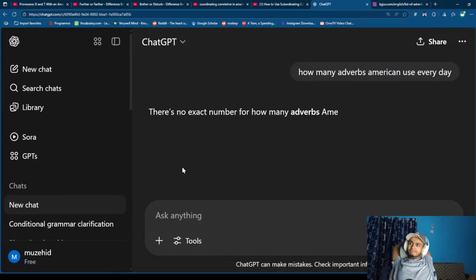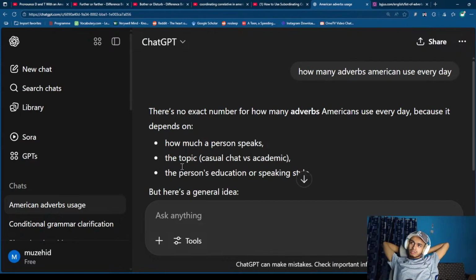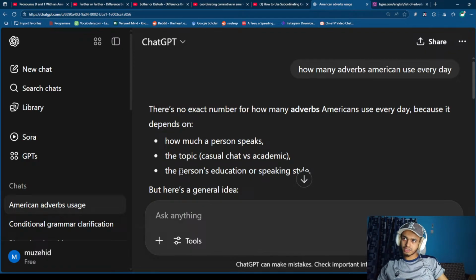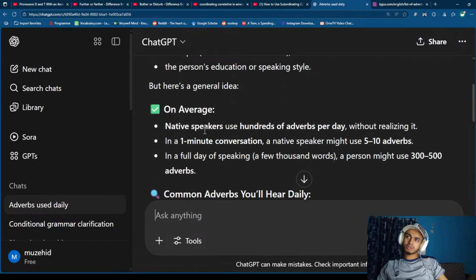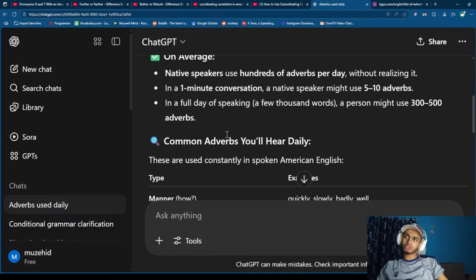There is no exact number because it depends on how much a person speaks, the topic, casual chat versus academic, and the person's education or speaking style. On average, a native speaker uses hundreds of adverbs per day without realizing it. In a one-minute conversation, a native speaker might use 5 to 10 adverbs.